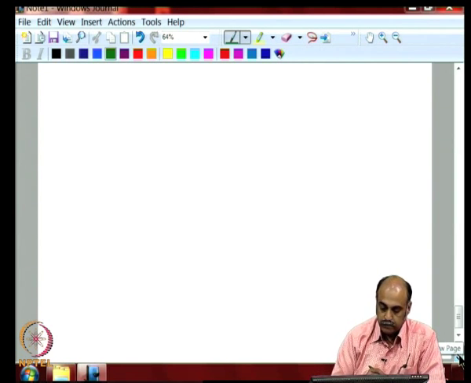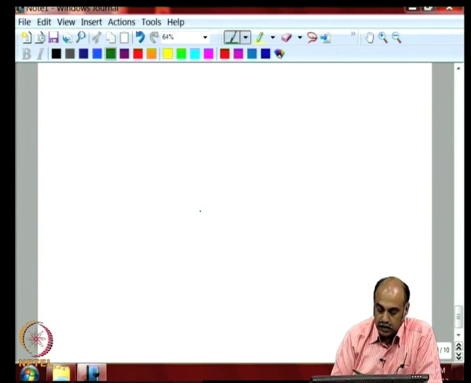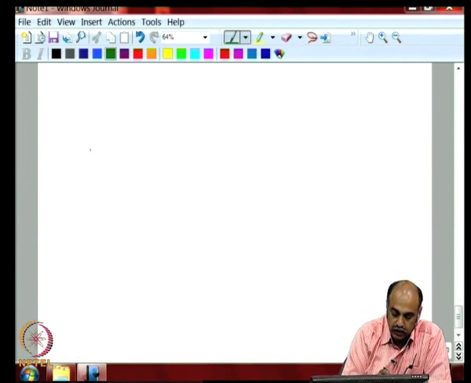So, let us see how the control block diagram looks like now, complete.